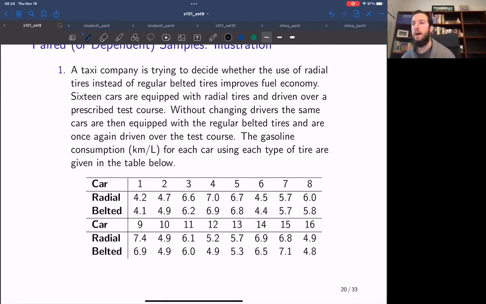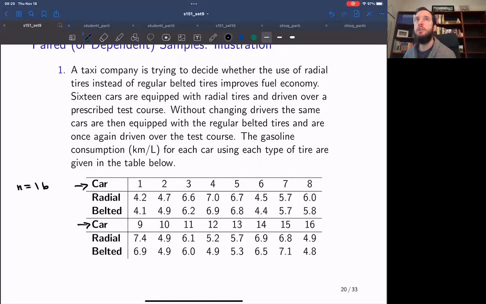And then they drive the car over the course again. All right. Now, after each test drive, they measure the gasoline consumption in kilometers per liter for each of the different cars, right? And the table below gives us those measurements. So you can see from the table that we actually have 16 total observations, right? So we have N is equal to 16 cars, which are listed across the top here.